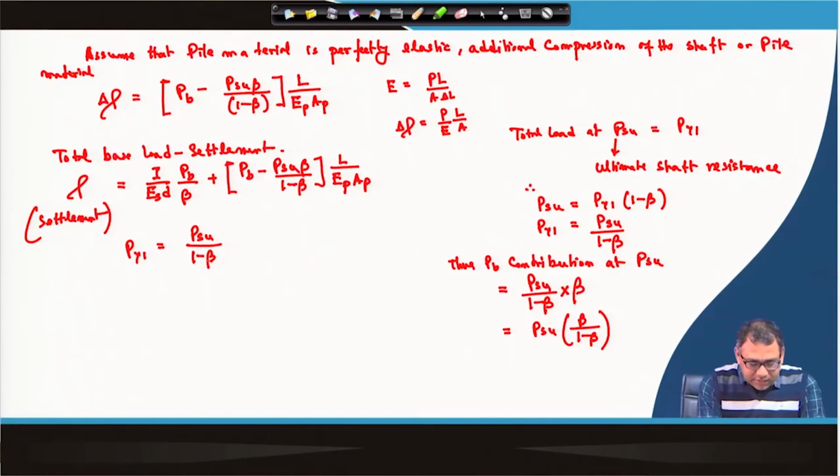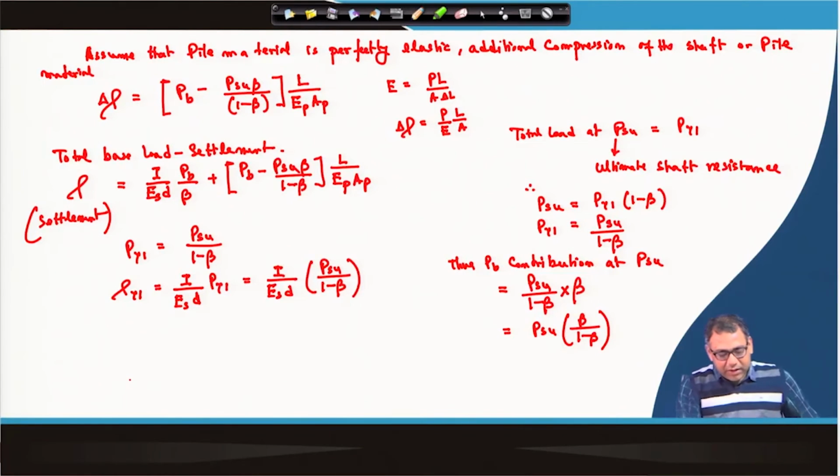So, once I get the Py1, then I will get the rho y1, which is nothing but I by Es d into Py1, which is equal to I by Es d into Psu by 1 minus beta.